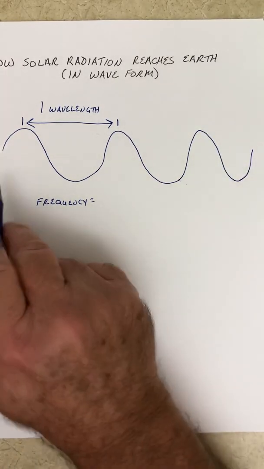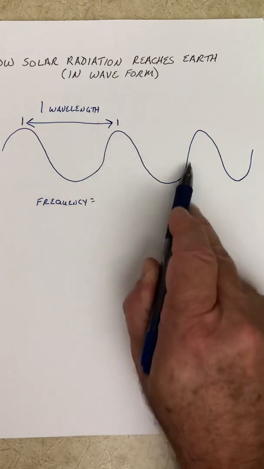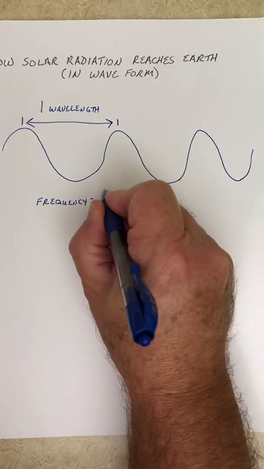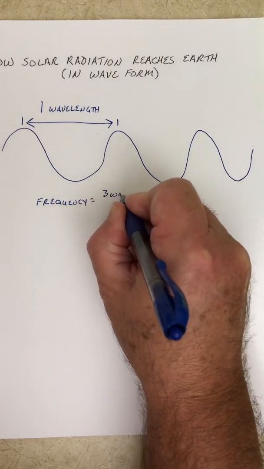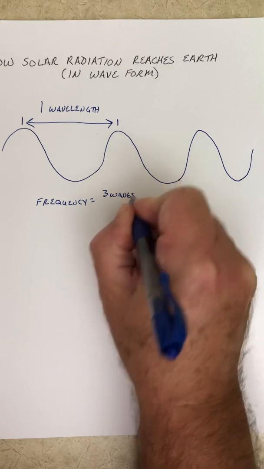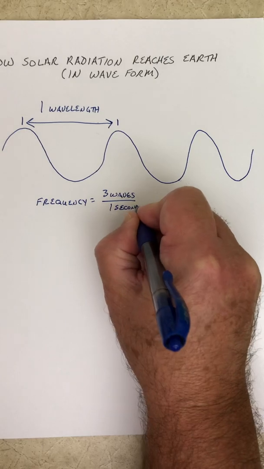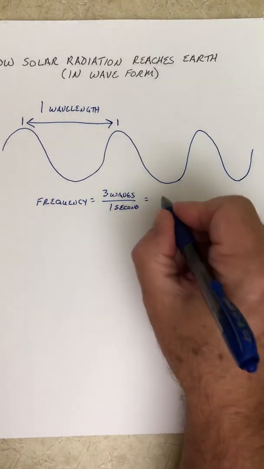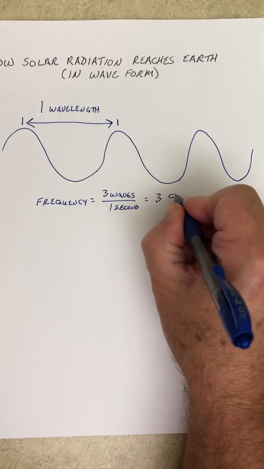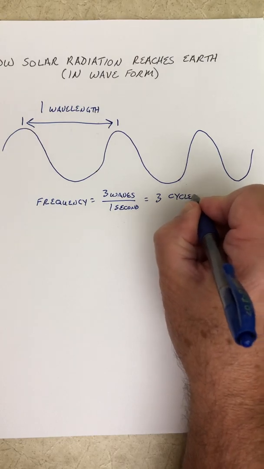So that would be 1, 2, 3 waves per second. Oftentimes we refer to that as 3 cycles per second.